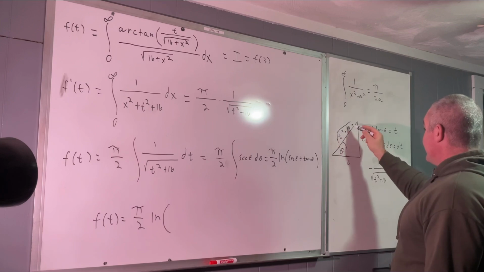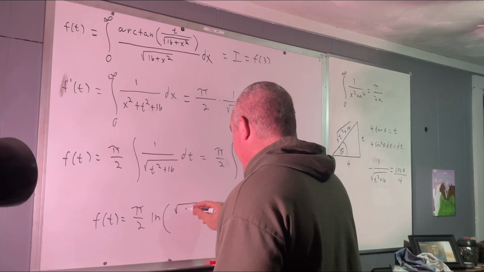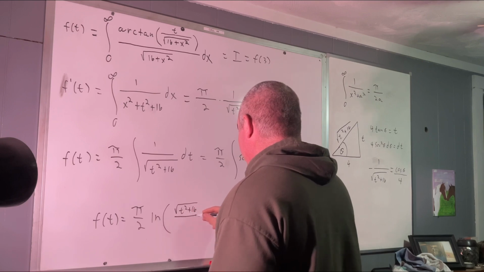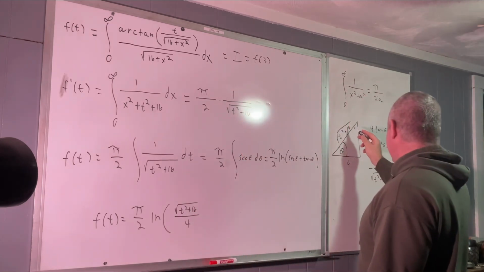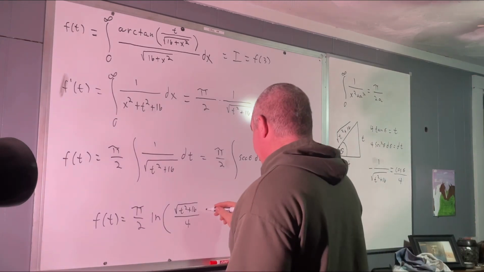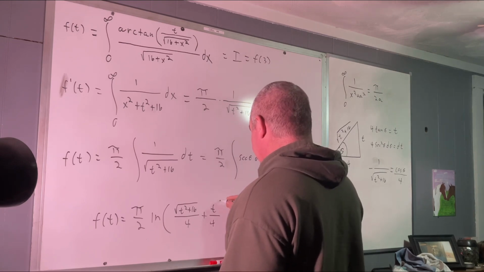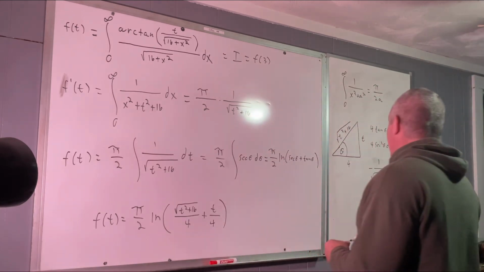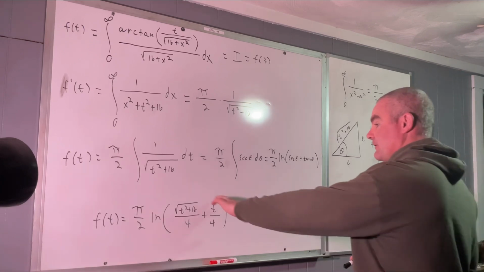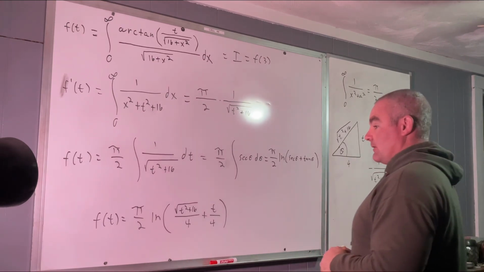Secant is this over this, so that's going to be the square root of t squared plus 16 over 4, right? That is secant theta, and then tangent theta, which is t over 4. So if we evaluate this function at the point 3, we will have the answer to our original integral.